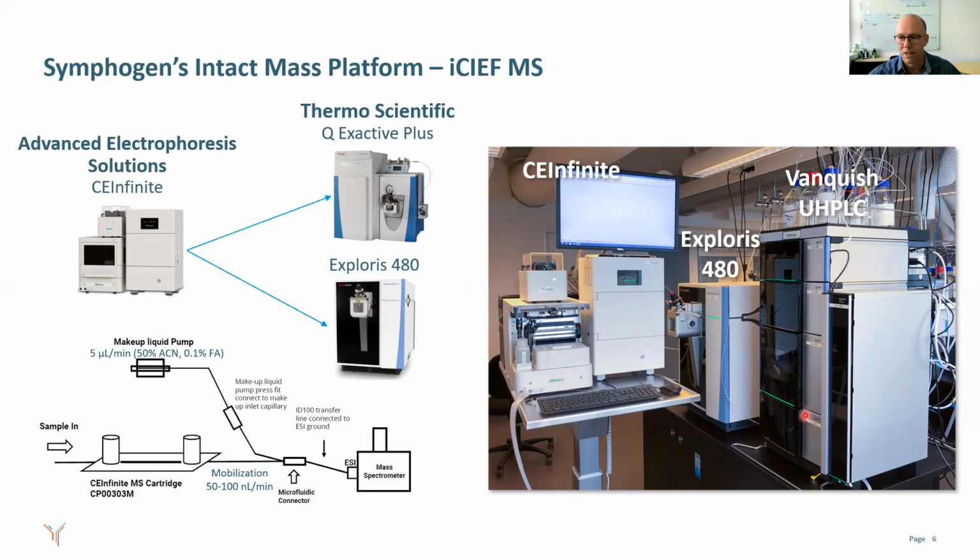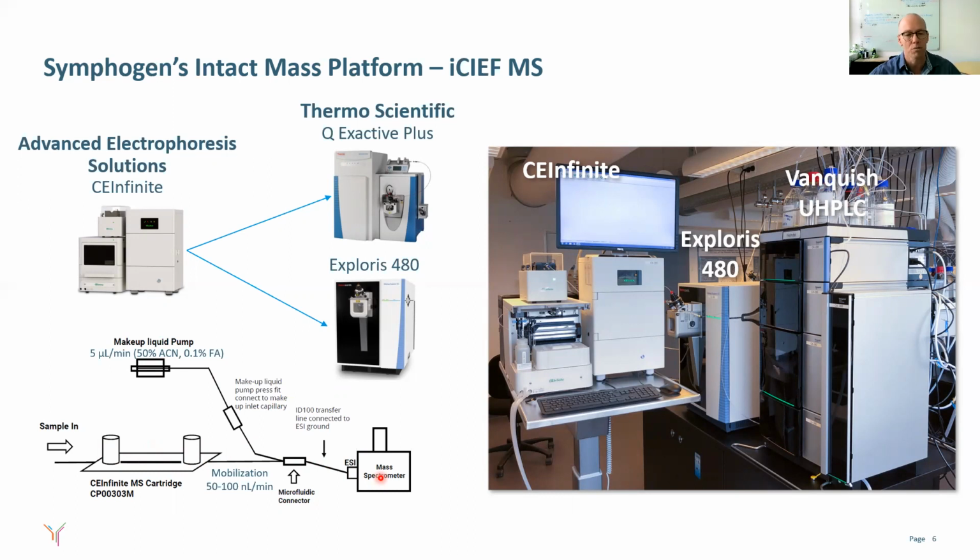And the LC, the Vanquish UHPLC, is used for the so-called makeup liquid. So basically what is happening here is that you are focusing your sample in your cartridge by isoelectric focusing, and once it's focused, you acquire your image, and then the sample gets pushed out, and combined with the makeup liquid, it's pushed into the MS, where you can then get a readout.